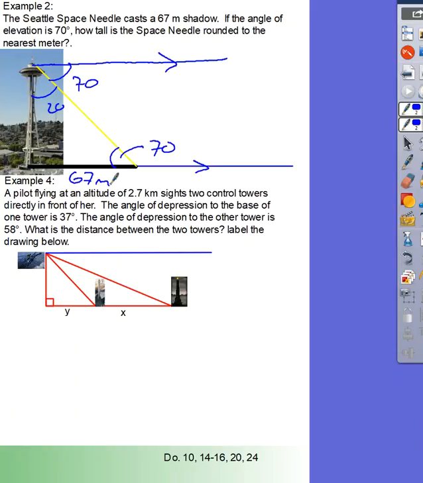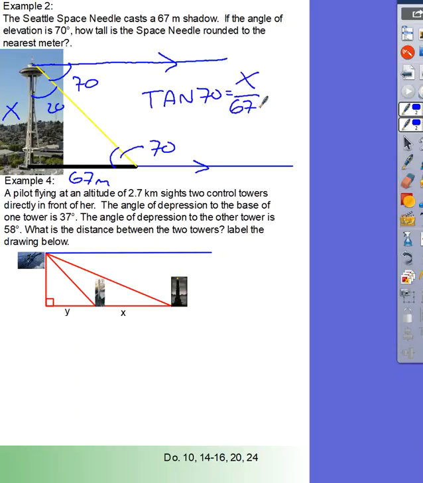So I made the height of the Space Needle x, and then I did the tangent of 70 is equal to x over 67.